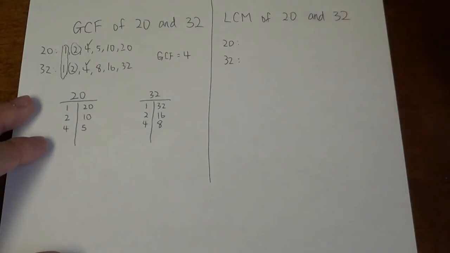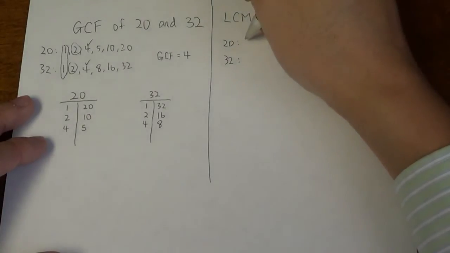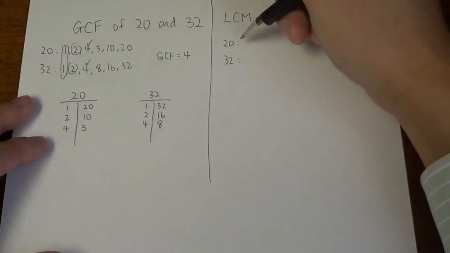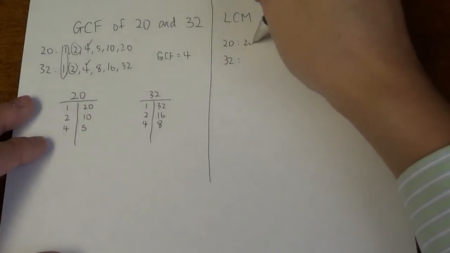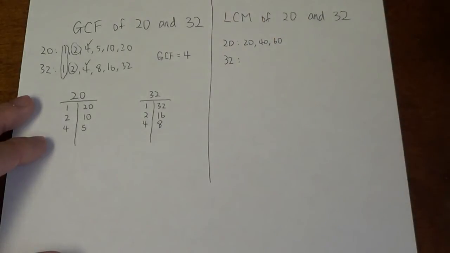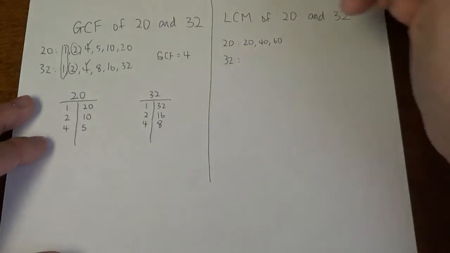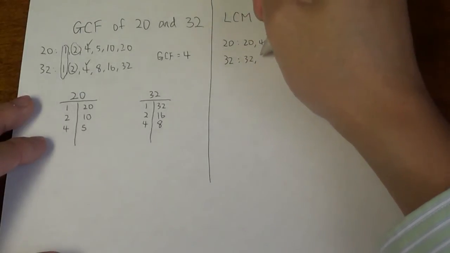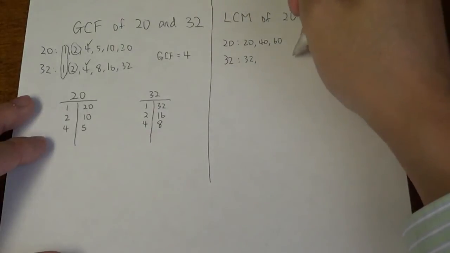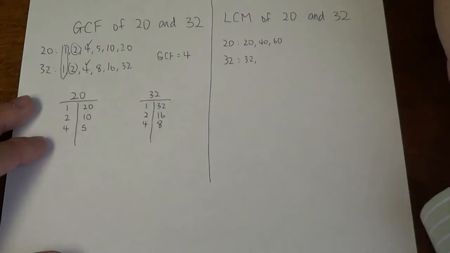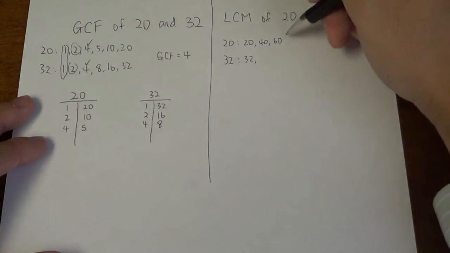But we're trying to find the least, so we need to make sure we get them all. In this case, for 20, the last digit will always be a 0. So I would probably start with 32, because I'm going to keep listing until I get a number where the last digit is a 0, and that will probably correspond to a common one over here.